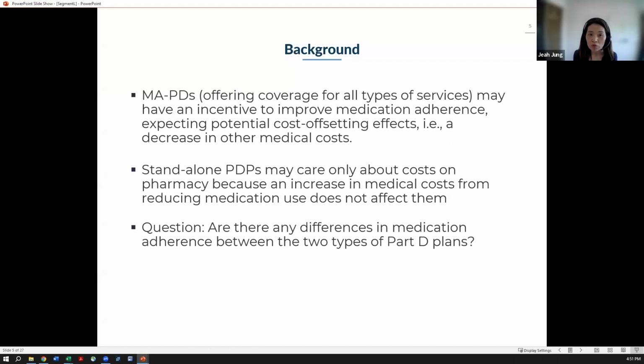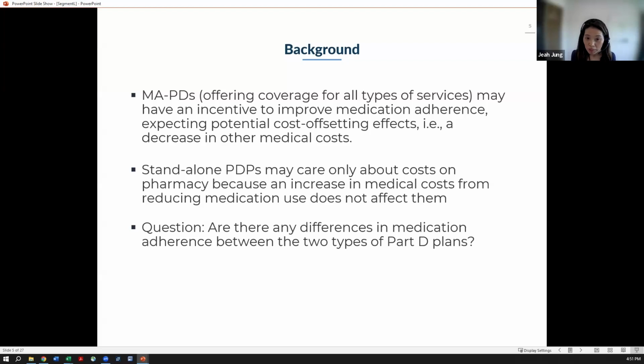Why? Because they can expect a cost-offsetting effect, which means that down the road they may have savings on the medical side, Part A and B. It's okay to spend a little more on Part D, because we can actually save more on the A and B side.